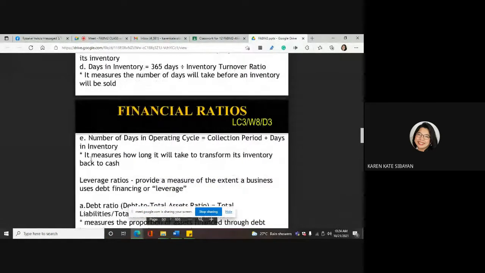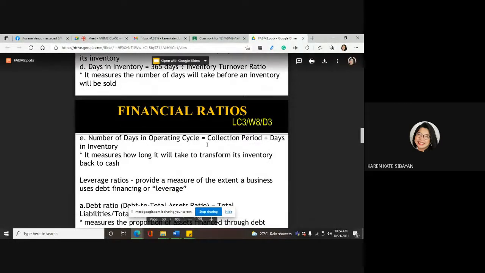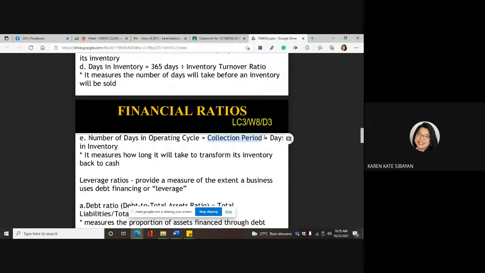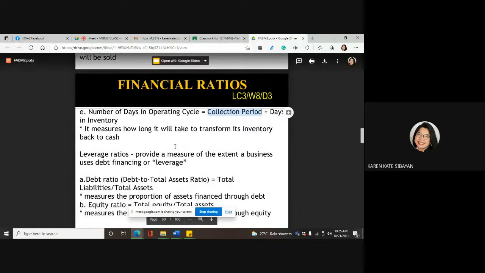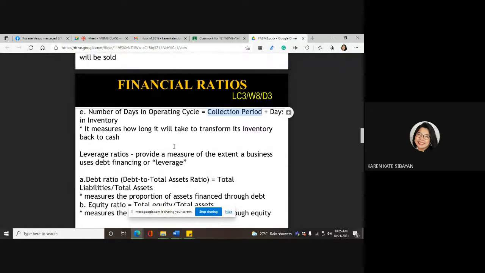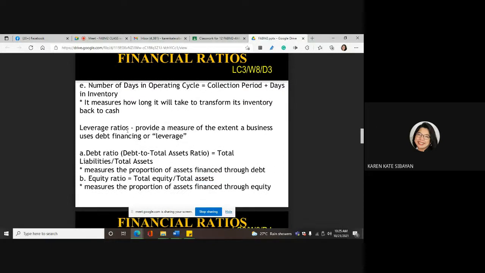Another is the letter E, number of days in operating cycle equals collection period plus days in inventory. So it measures how long it will take to transform its inventory back to cash. Leverage ratio provides a measure of the extent a business uses debt financing or leverage.